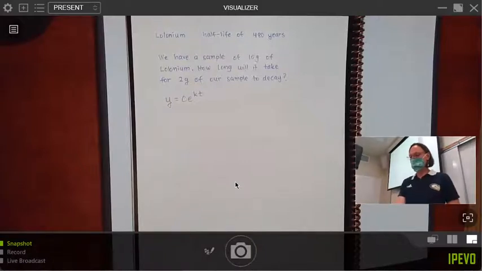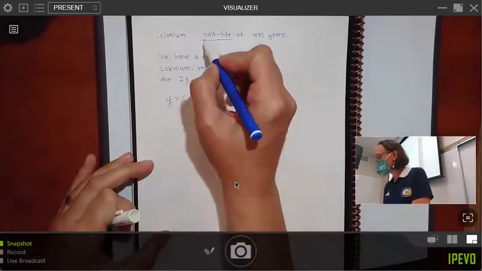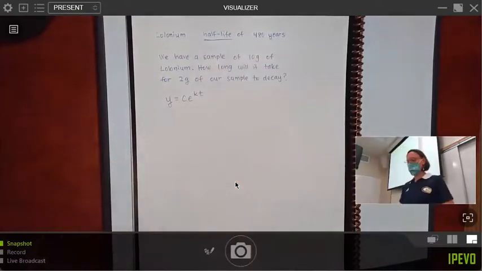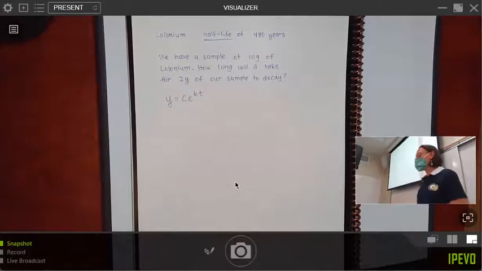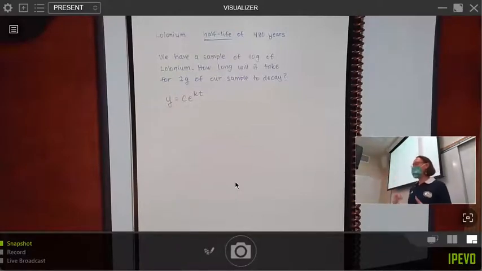I want to talk for a second about this phrase half-life in particular. Right now we have a sample of 10 grams. And what it means to have a half-life of 480 years is that we would decay to 5 grams, meaning we'd be at half the mass after 480 years.